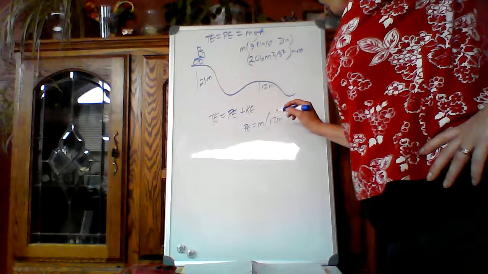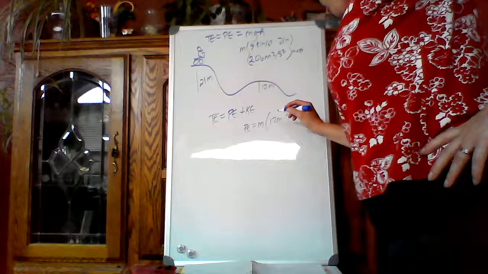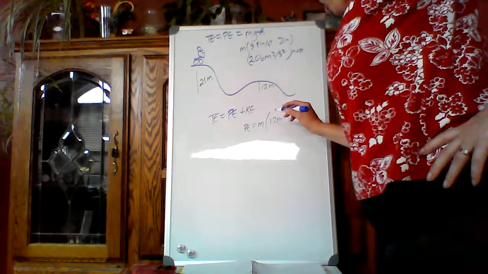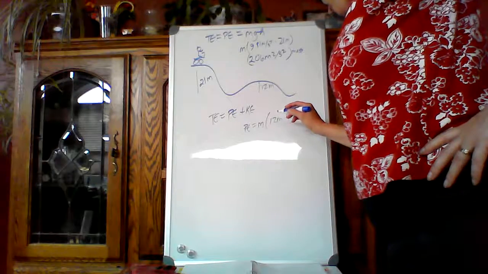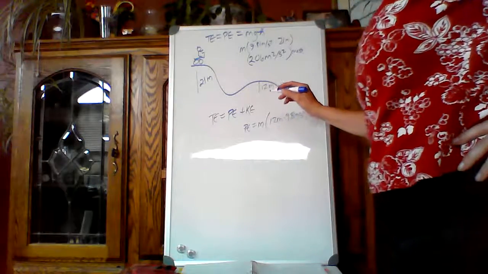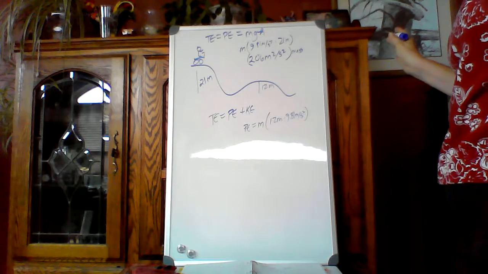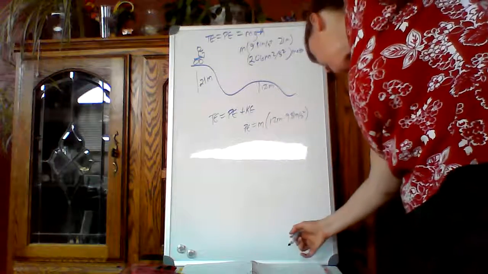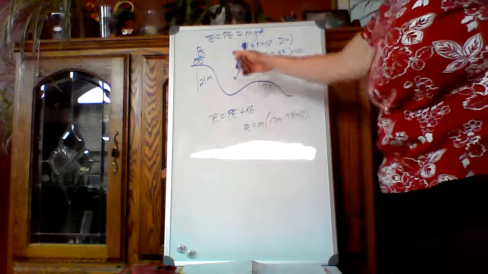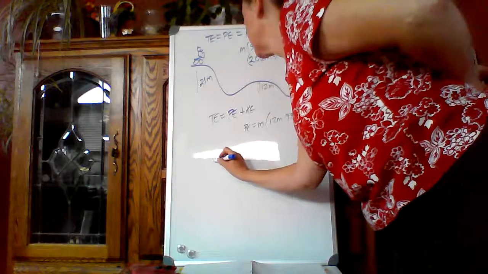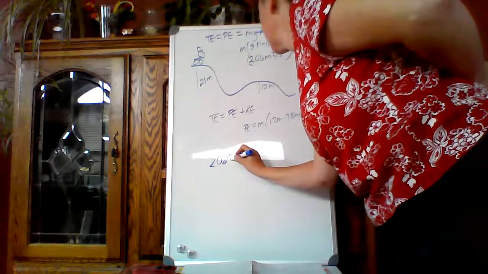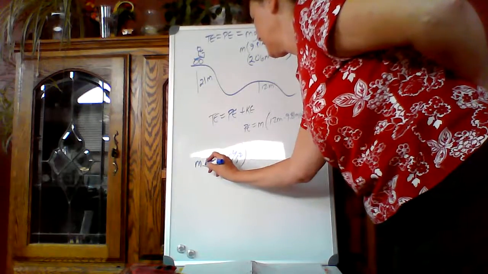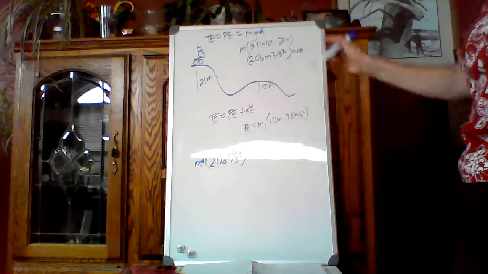And we know that the total energy equals the potential energy plus the kinetic energy. Sorry, trying to follow my notes here. So the total energy of the system is going to be this, so 206 meters squared per second squared times the mass. And we're going to leave his mass alone because we didn't know what it was. We'll just leave it there.